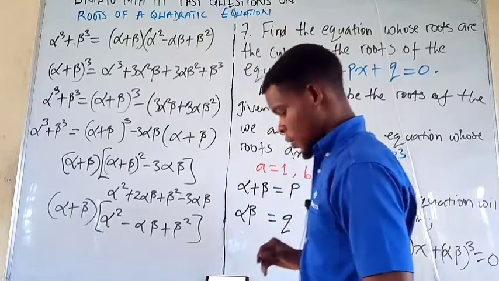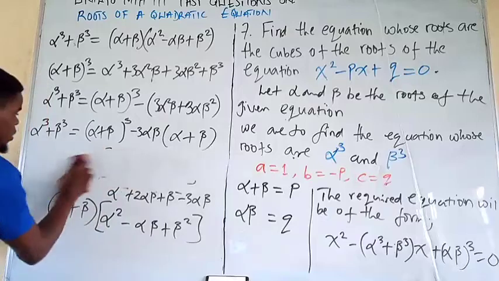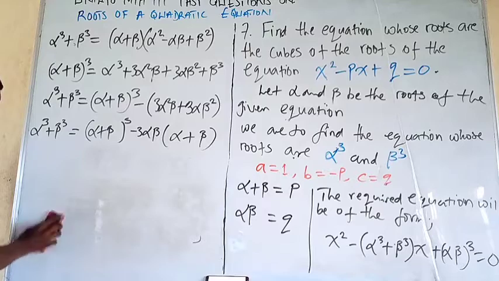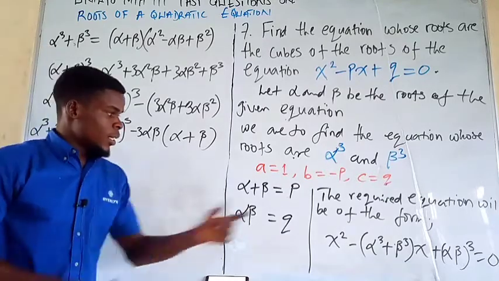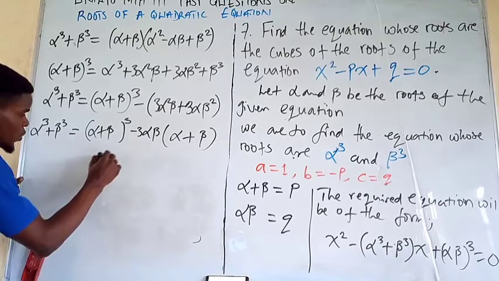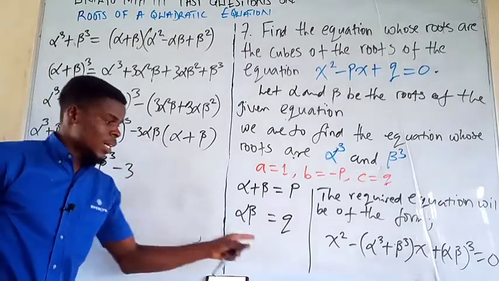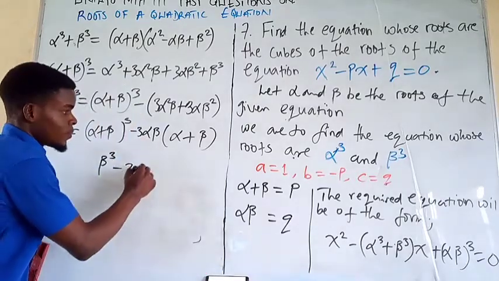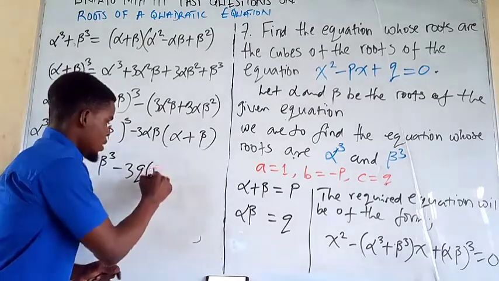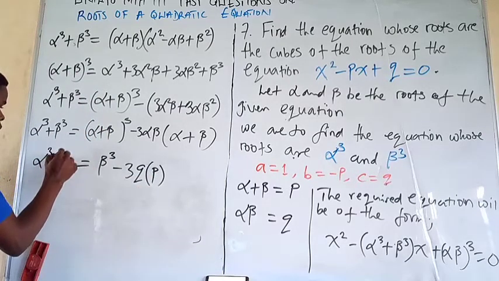Okay, so let's see. From here we can begin with, let me erase from here. So we know that alpha plus beta is P. We just put it down, P, and we cube it. Minus 3 times alpha times beta, which is Q. And again, alpha plus beta is P. So this is alpha cubed plus beta cubed.